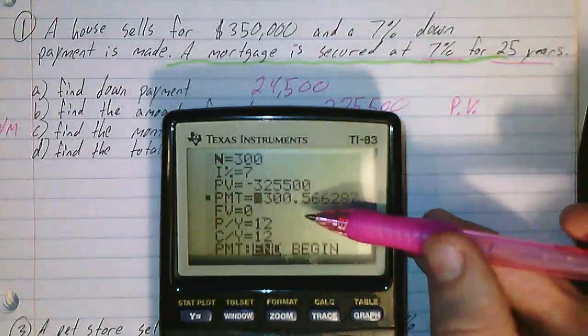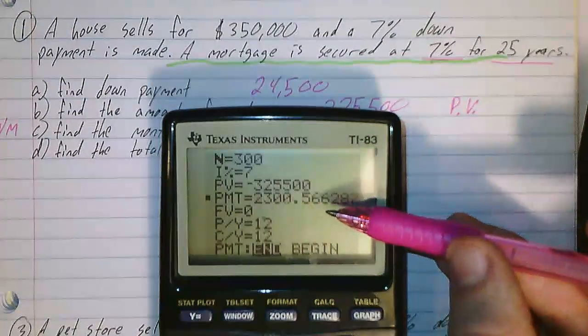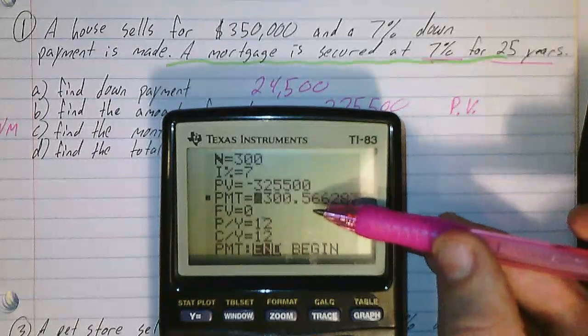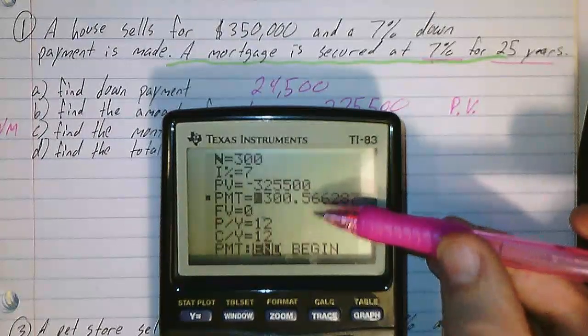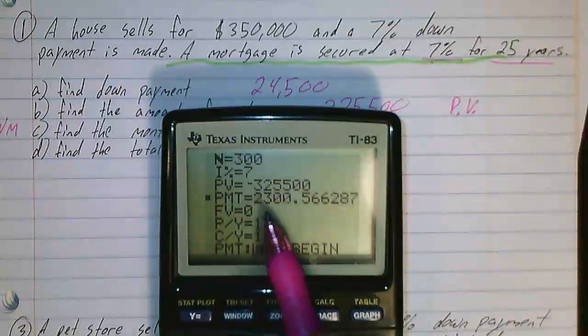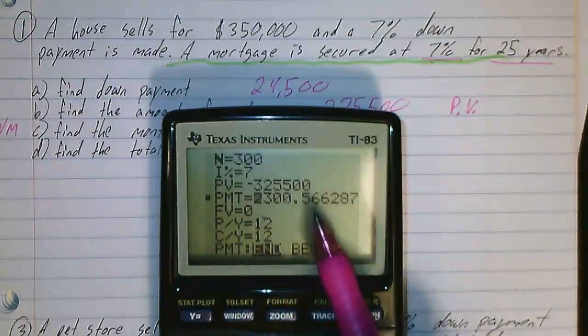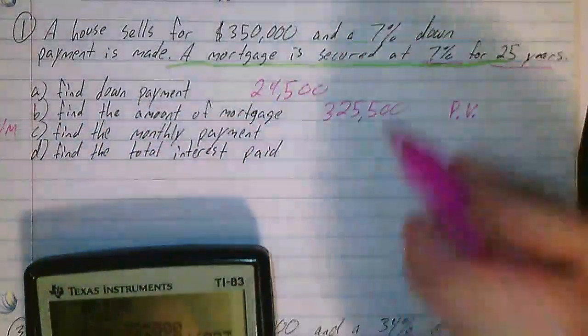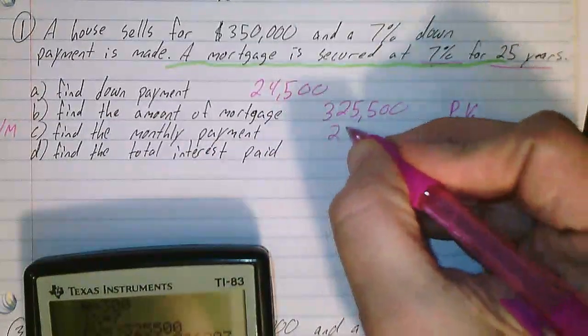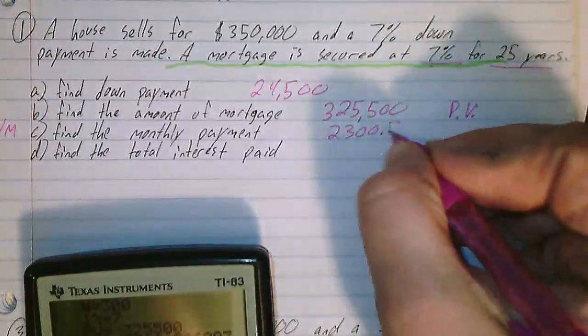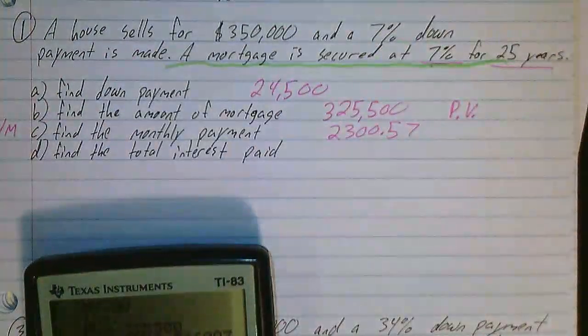So to the second spot, this 6 to the right is going to bump this 6 up to a 7. So our monthly payment is $2,357, rounded to 57 cents. And you do have to get this right to the cent. Hopefully that all makes sense.